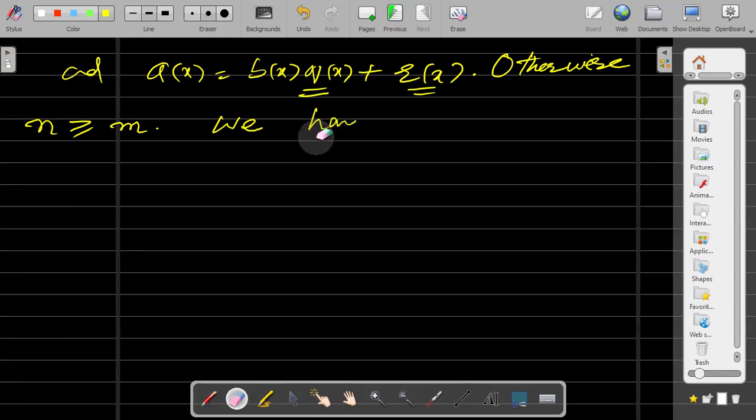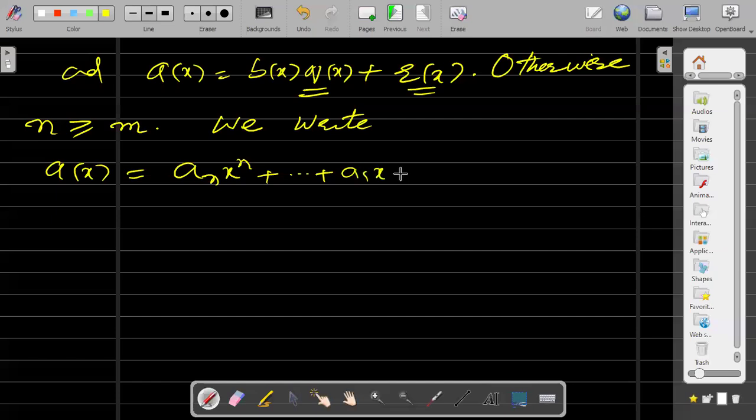We write a(x), a polynomial of degree n, as a_n x^n plus ... plus a_1 x plus a_0, where a_n is obviously not equal to 0 because its degree is n.